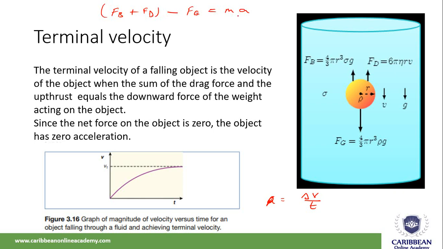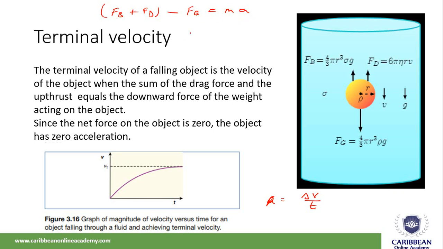We have come to a point where, whenever the object has reached terminal velocity, the velocity is going to be relatively constant. So if the velocity is constant, then there is no change in velocity, and once there is no change in velocity, then there's no acceleration, because acceleration has to do with change in velocity.